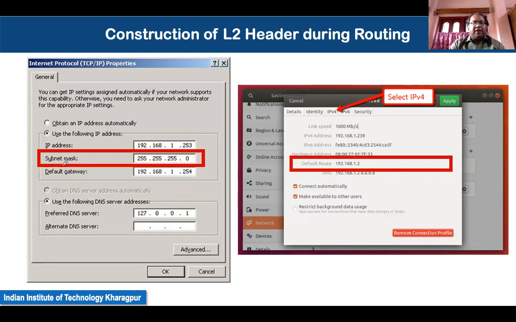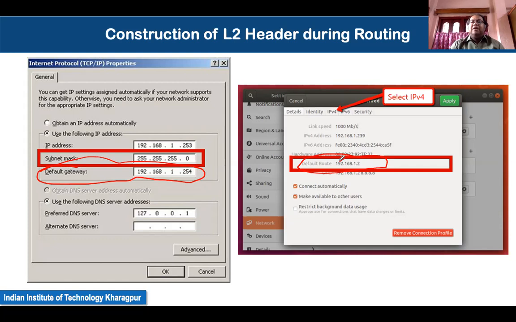In Windows IP configuration, you can see that this is the entry for the default gateway. In Linux, in Ubuntu, it is called the default route. This information contains the IP address of the first hop router. So during your IP configuration, you actually get that information.